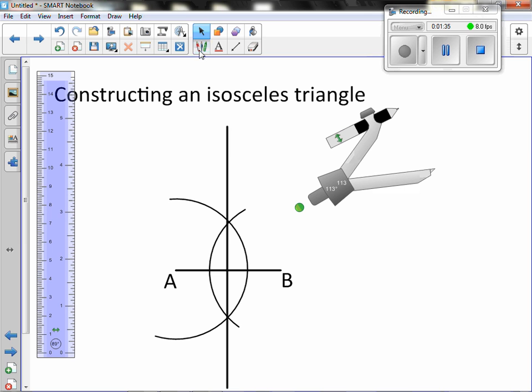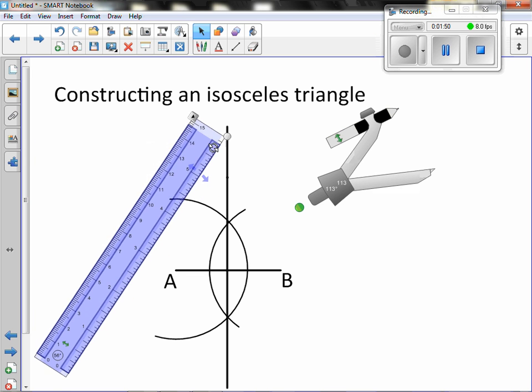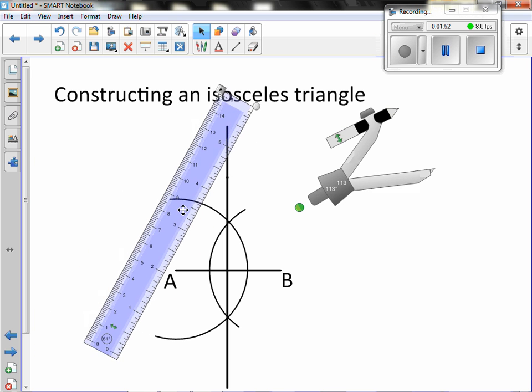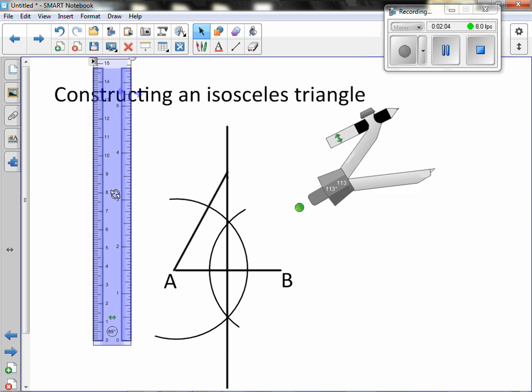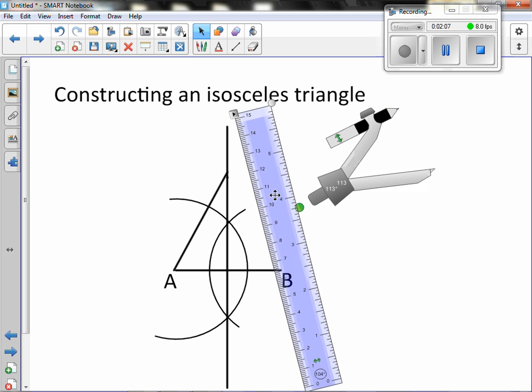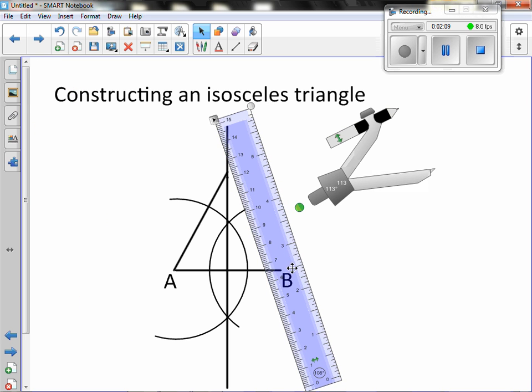What we may not have learned is that any point on that segment would represent a vertex of an isosceles triangle. So let's say that I pick a random point on that segment, and I join that random point to A, and then join that same point to B. It's not really random, it's a point that's on the perpendicular bisector.